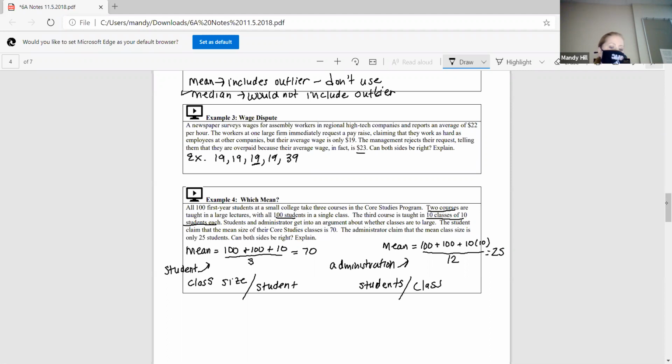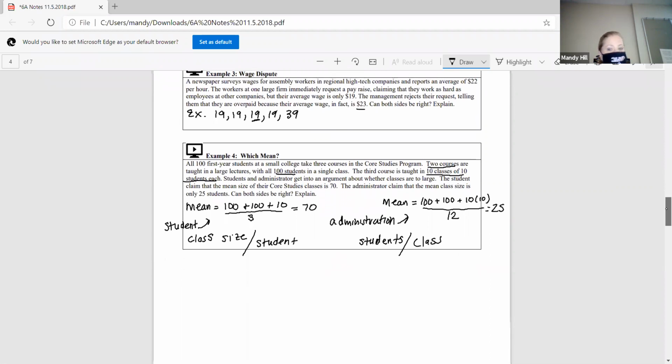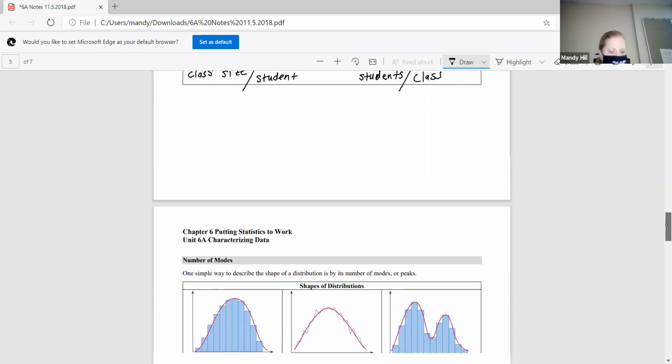This is specific to one student, and this is specific to the whole school. It just depends on how you're looking at the data, and you have to make that clear.